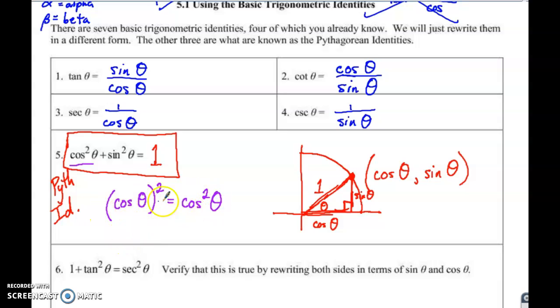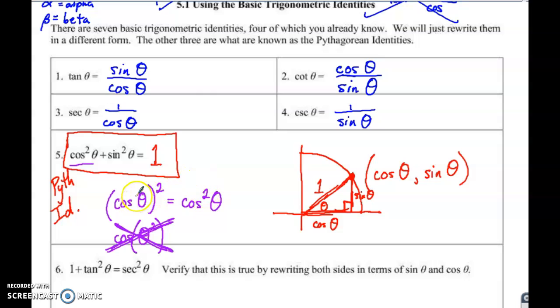The reason why we write it that way is because if you just wrote it as cosine of theta squared, the way this is written implies that it's theta only that's being squared and then the cosine of that. So that's why we have this new notation for you, that we don't want to write the problem this way. So start getting used to this.